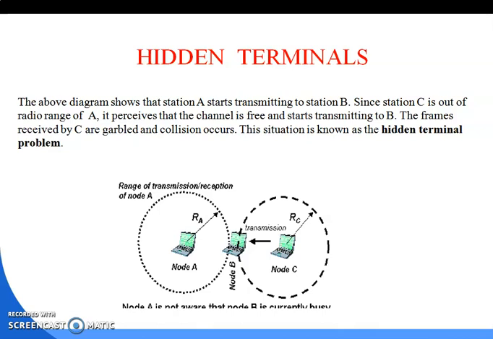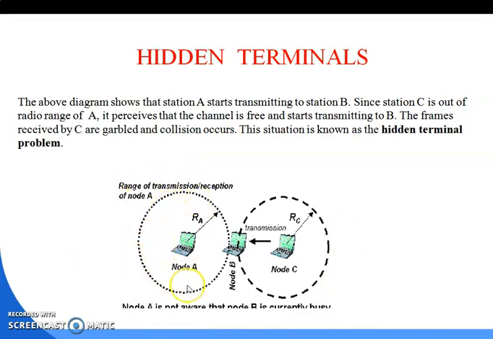Look at the picture: station A starts transmitting to station B. Since station C is out of radio range of A, it perceives that the channel is free and starts transmitting to B. The frames received are garbled and a collision occurs, and this situation is known as the hidden terminal problem. So let's analyze this figure.